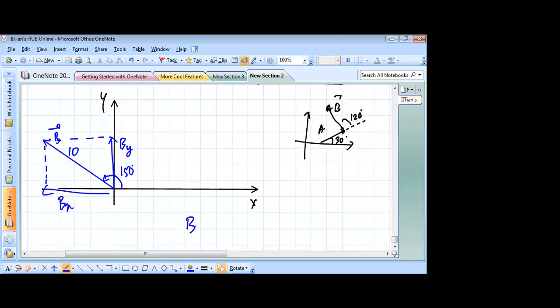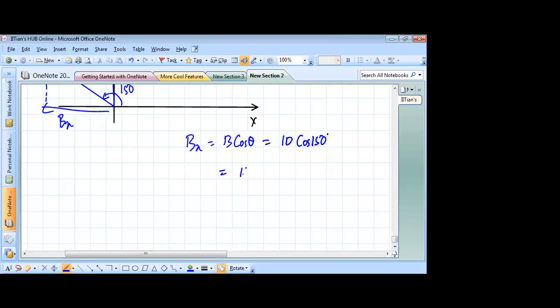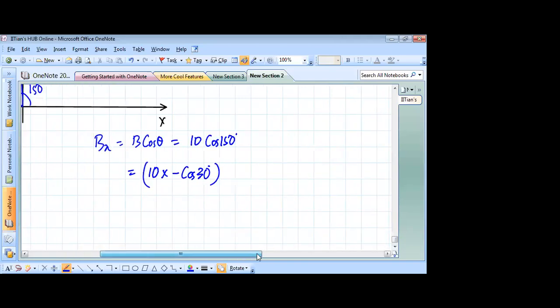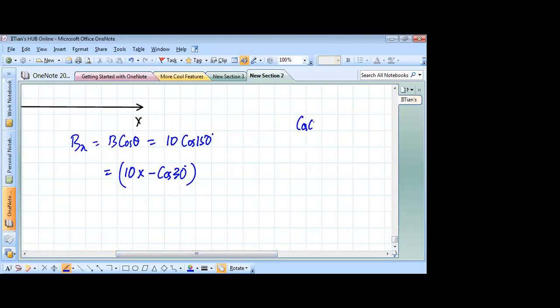Okay. So Bx is B cos theta. Theta here is 150. And the magnitude of B is 10. Now we use the formula from the second quadrant, that cos theta is minus cos 180 minus theta.